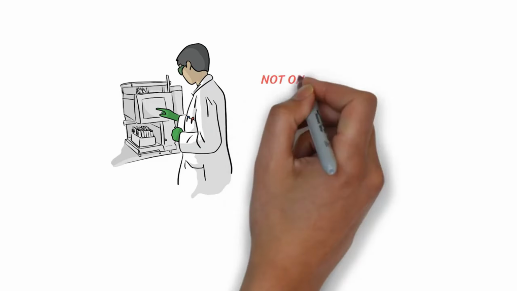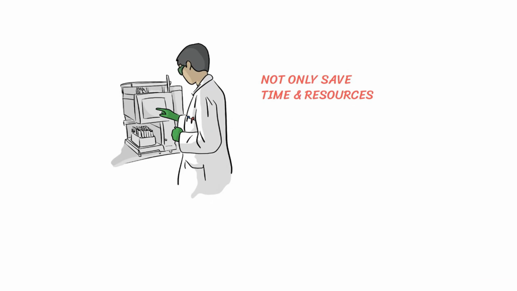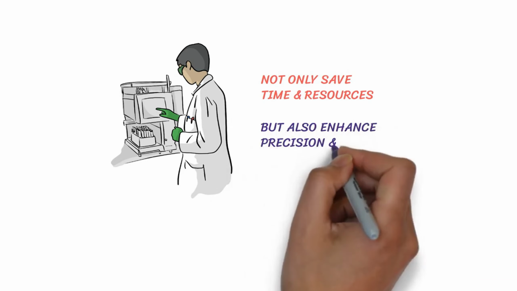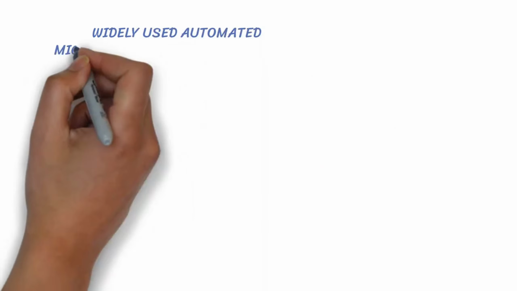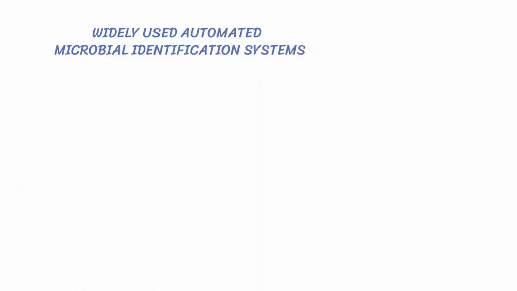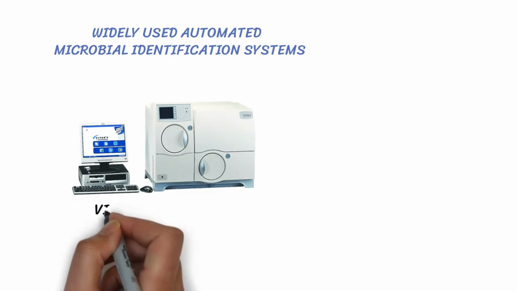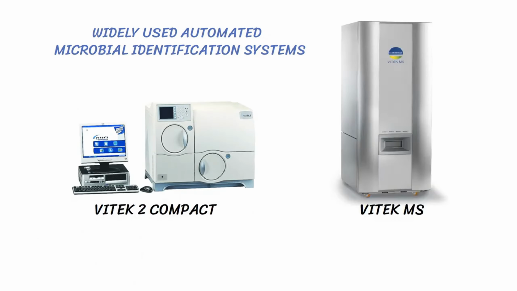By streamlining the identification process, they not only save time and resources, but also enhance the precision and reproducibility of results. The most widely used automated microbial identification systems in the pharmaceutical industry are Vitek 2 Compact and Vitek MS. Let us discuss how these two instruments work.